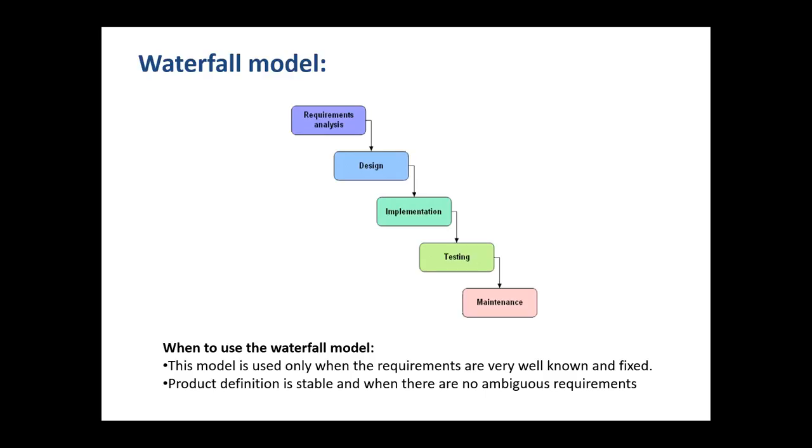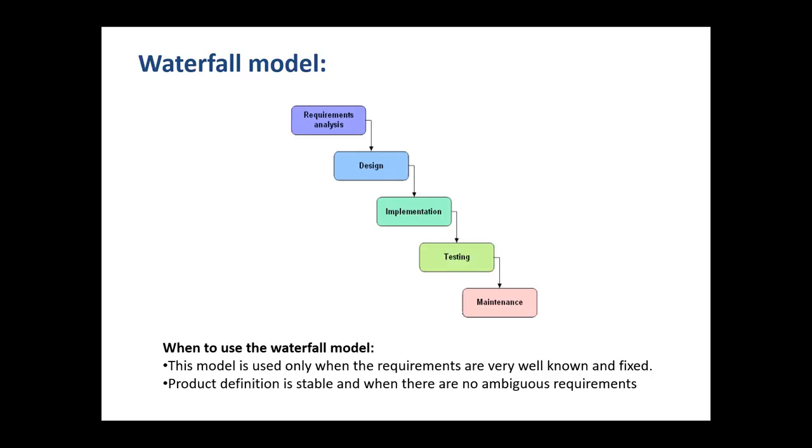The waterfall model is only used when requirements are very well known, because the testing comes after the design and implementation. During testing, if you find faults, you need to go back and change the design, implement it again, and then test it again.